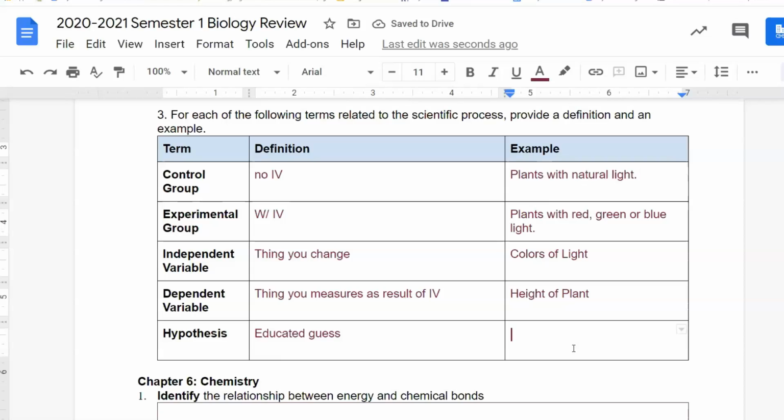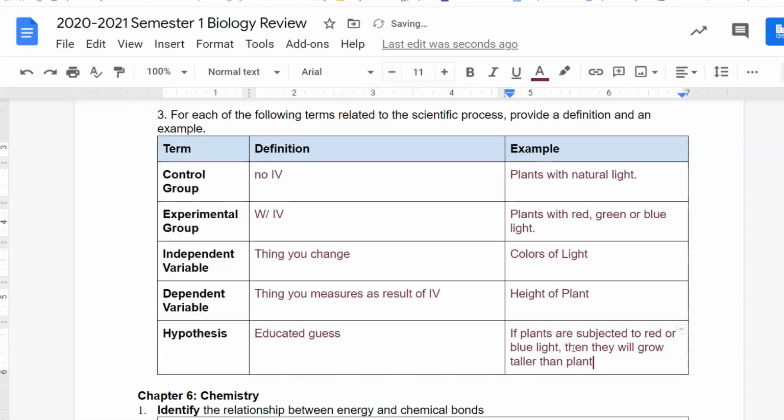My hypothesis is if plants are subjected to, they absorb red and blue, that seems like that would make them grow better. Red or blue light, then they will grow taller than plants grown in green or under.